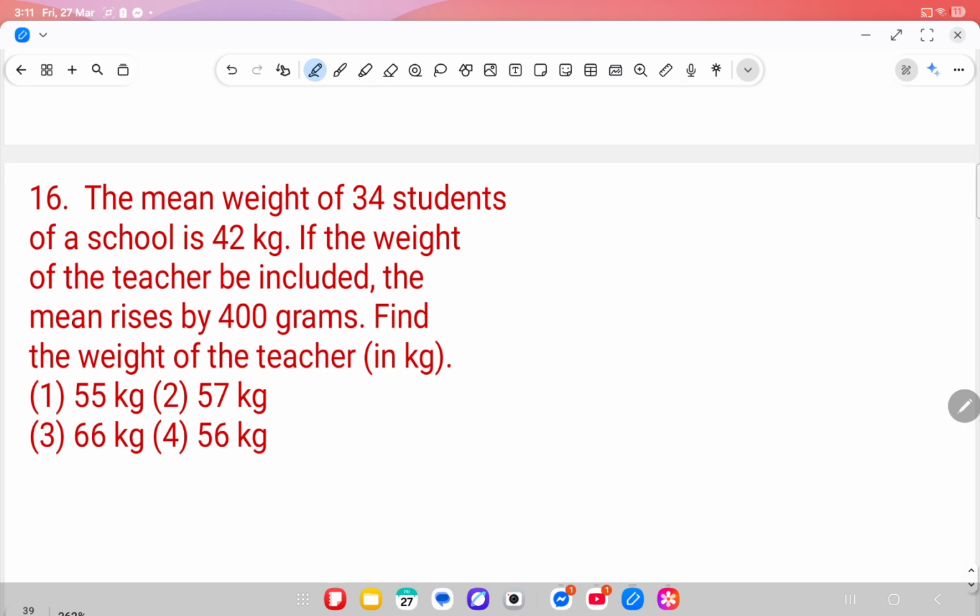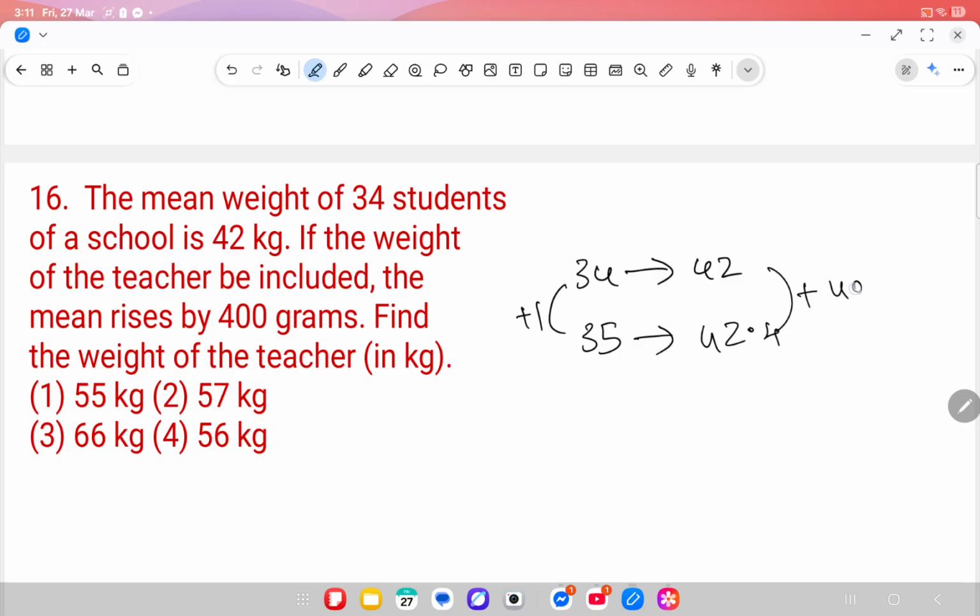The mean weight of 34 students of a school is 42. If the teacher is included, see, one person included, so 35 become 400 grams extra, means 42.4. It means 400 grams increased, so 0.4 kg.